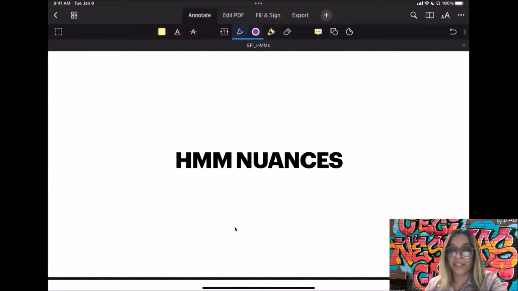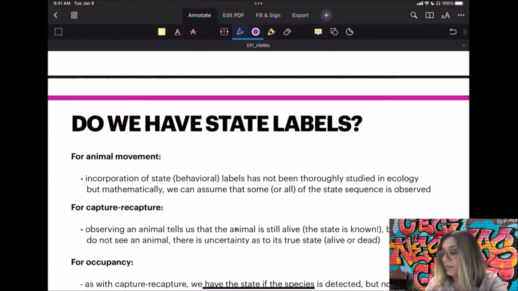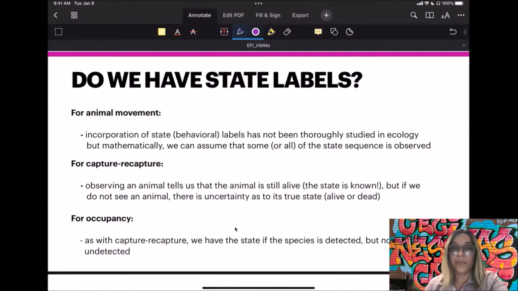So, HMM nuances. One of the big things is, do we have state labels? In general, you can apply a hidden Markov model to sequential data in ecology without actually having any sort of ground truth for the state sequences.